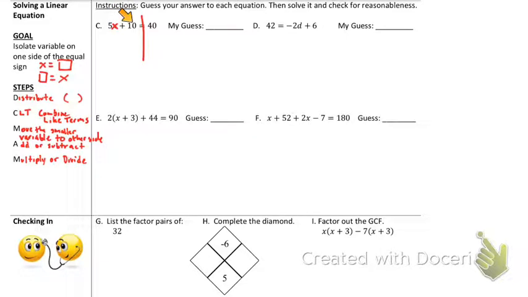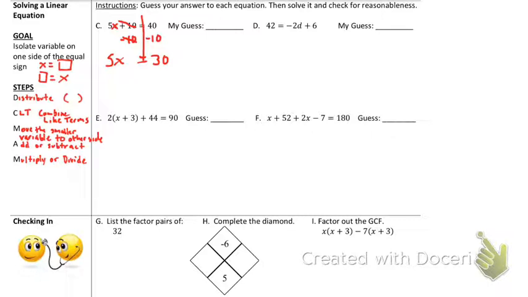To do that, we do its inverse operation, which is negative 10. So we're going to subtract 10, and we do it to both sides. What you do to one side, you do to the other. Okay? And what this essentially does is move our 10 from one side to the other. So this positive 10 and negative 10 cancel each other out, and we're left with 5x equal to 30.